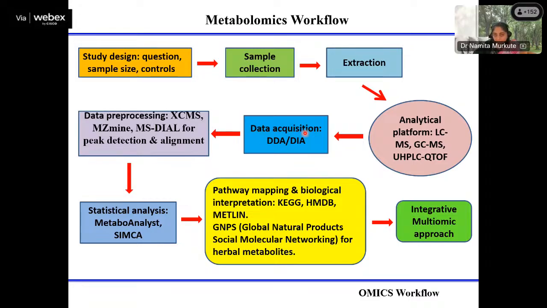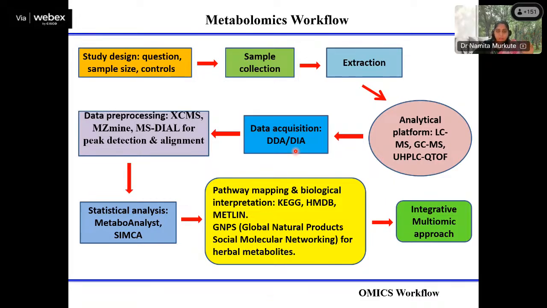But in DIA, data independent analysis, your mass spec takes a particular mass range window and scans only that window, such as from 1 kd to 50 kd mass range, it will scan. Then after that 50 kd to 100 kd mass range it will scan. So in this acquisition method, you can identify nearly all compounds.